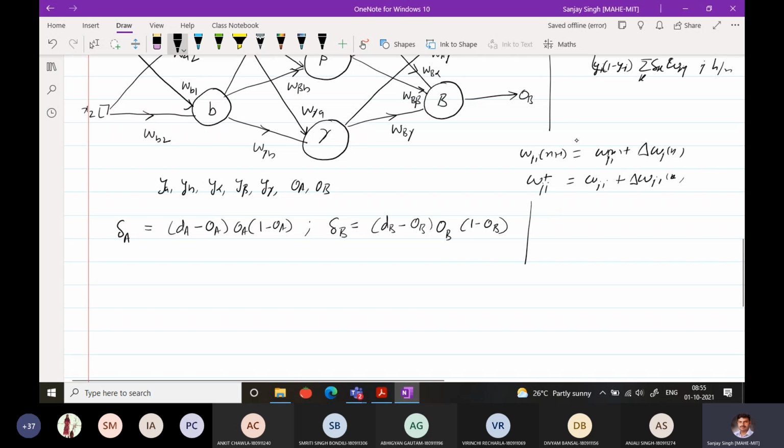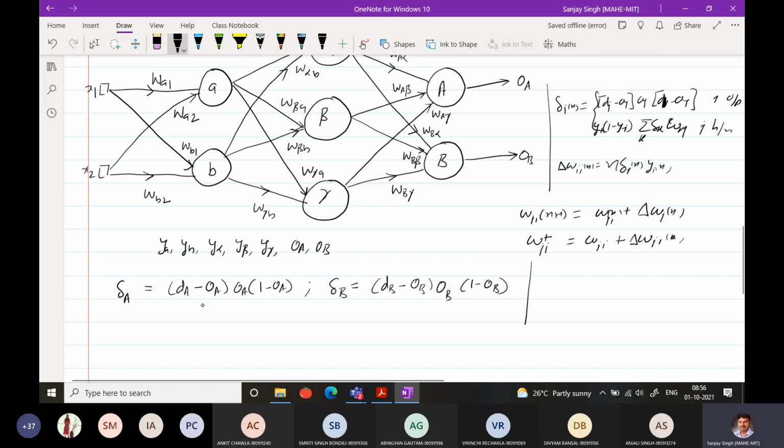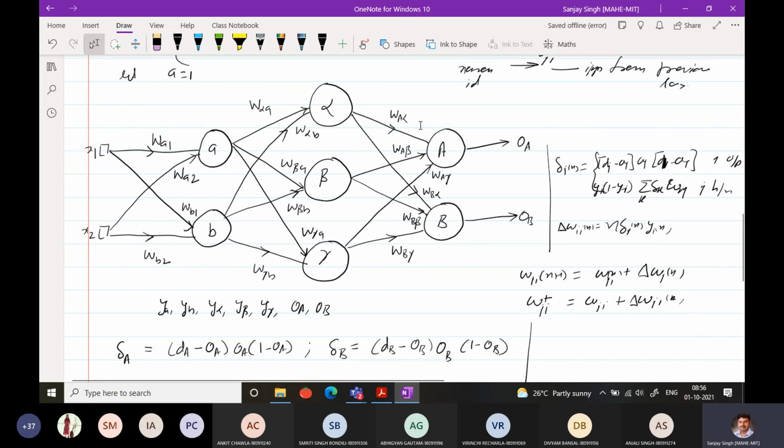So I'll just write it here. Delta wji at n equals eta times delta j at n times yi at n. So delta A, delta B we have calculated. Right. Now we'll see what change happens. Here I has three, meaning the input from the previous layer: alpha, beta, gamma.